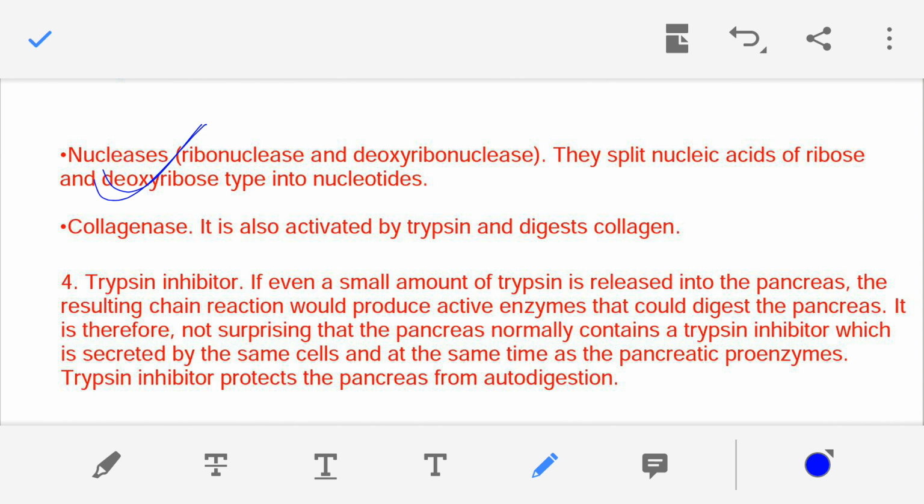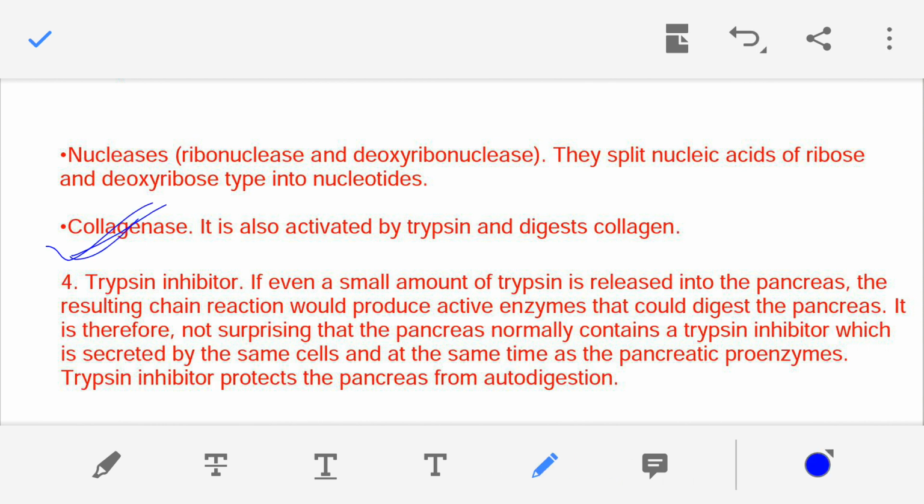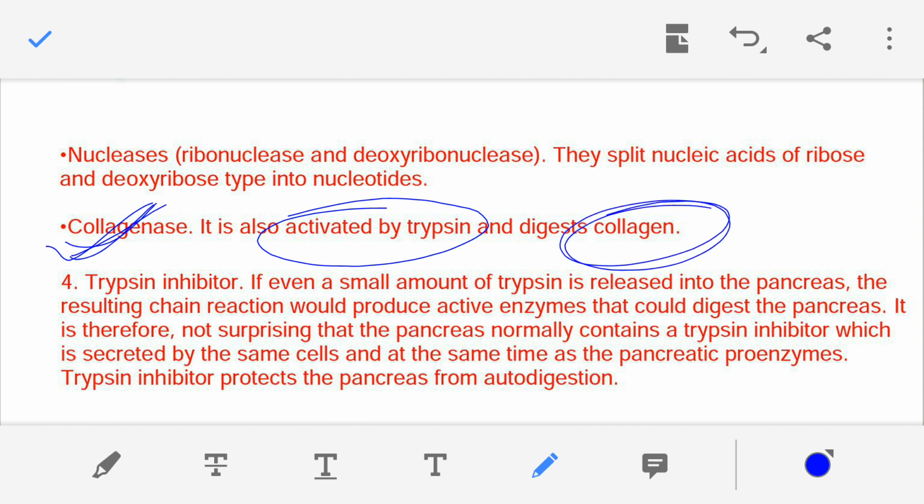Then the enzyme collagenase. This enzyme is also activated by trypsin, and the active collagenase digests collagen.